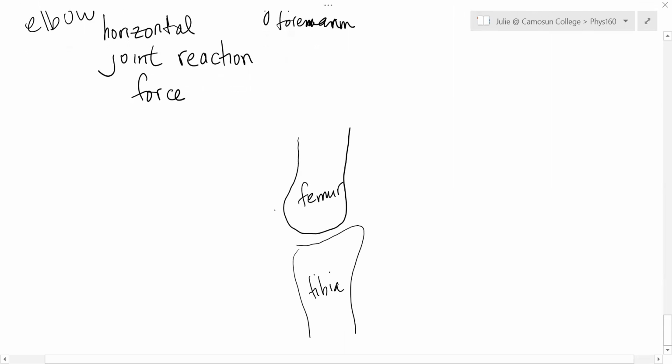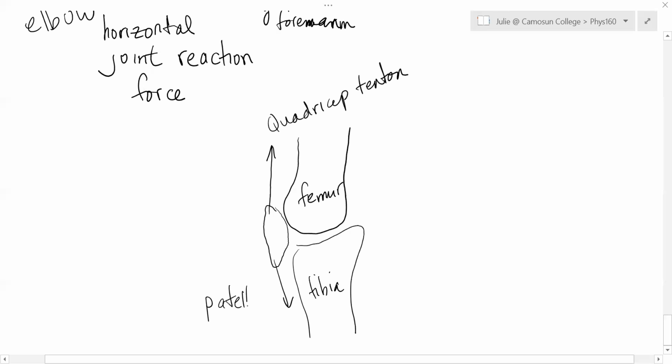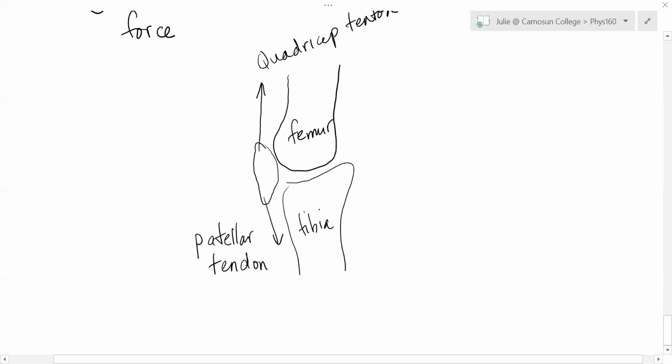And then you've got your patella, this little thing here, which is being pulled by your quadricep tendon, which is attached to your quadricep muscle. And then you've got the patellar tendon attaching it to the tibia. I'm not sure if that's called patellar tendon or just patella tendon. But anyways, definitely a force in that direction.